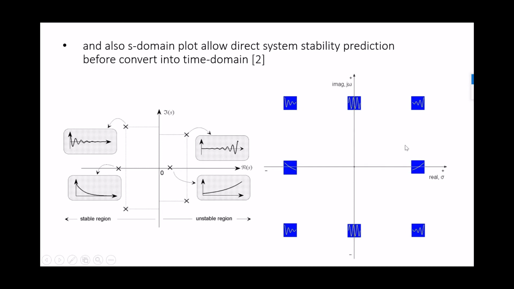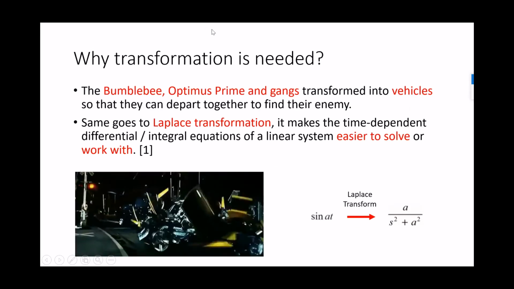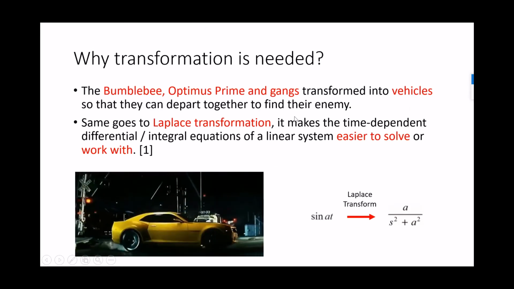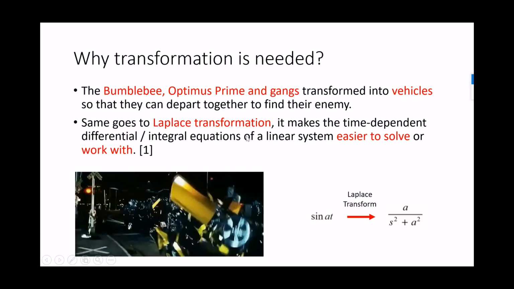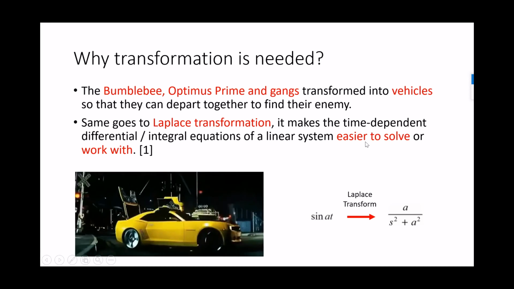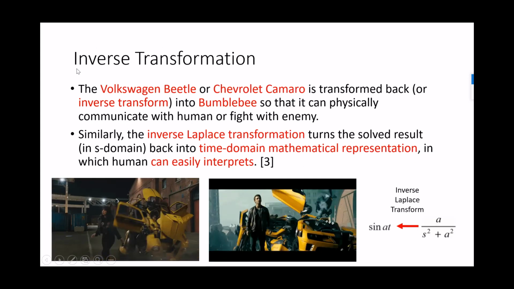This is the function of the S domain graph. So what is the purpose of transformation? We need to transform the time domain signal into a signal that is easier to interpret in the S domain. After the transform, if we see the pole here, then we know the properties of the system.